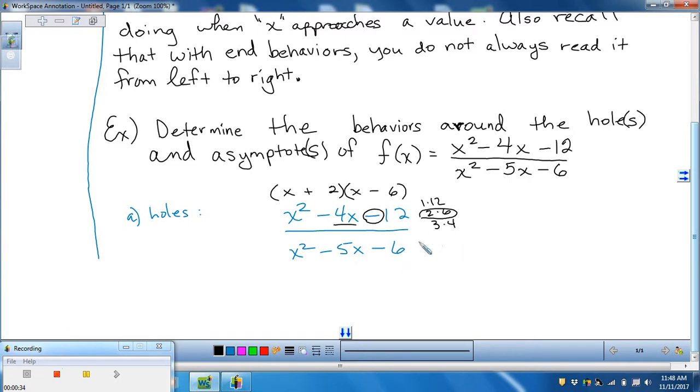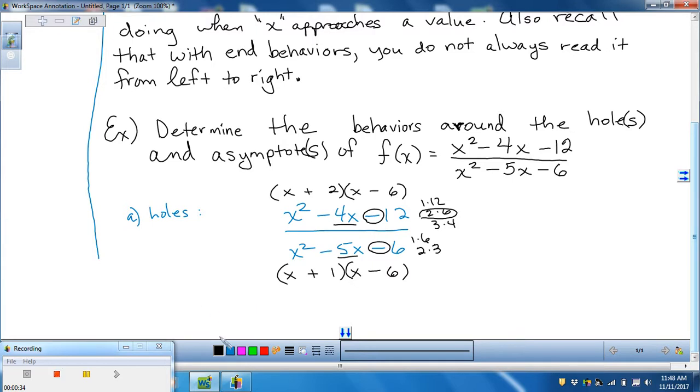Now we're going to factor the denominator. So we take x squared minus 5x minus 6, x times x. 6 has factors of 1 and 6, and 2 and 3. We need the pair that subtracts to give us 5, so we're going to use the 1 and the 6. And we need a negative 5 in the middle, so we're going to make the 6 negative and the 1 positive.